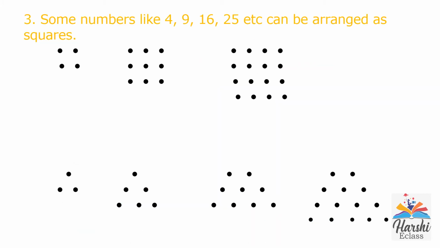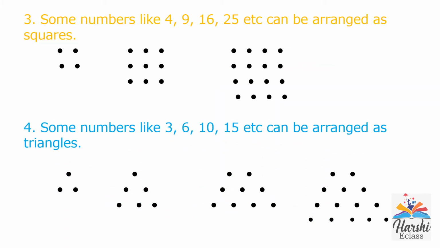Third point, some numbers can be arranged as squares also. For example, 4, 9, 16, 25, etc. How to arrange 4 in square form? 4 dots are there. Arrange the dots with equal distance because a square has all sides equal.